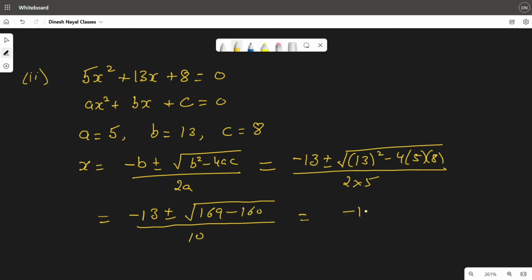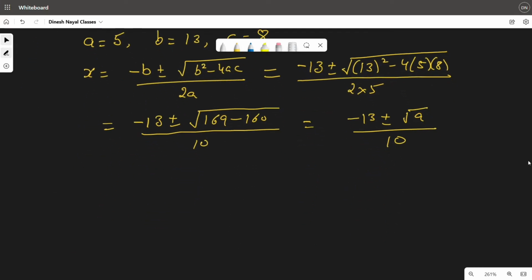So this is minus 13, 169 minus 160 is under root of 9, by 10. We know that under root of 9 is 3. So one of the roots we can write as minus 13 plus 3 by 10.